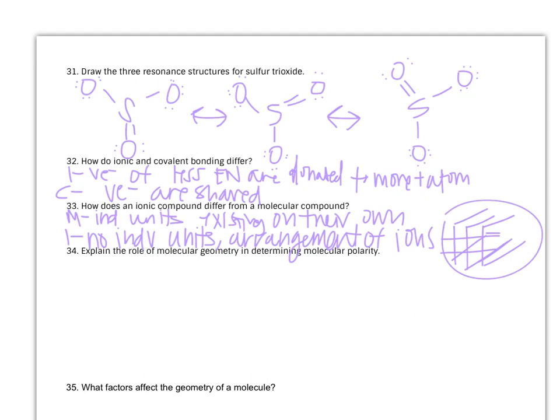And then 34 says explain the role of molecular geometry in determining molecular polarity. So bonds can be polar. We've talked about polar bonds. But that doesn't always mean that molecules are polar.